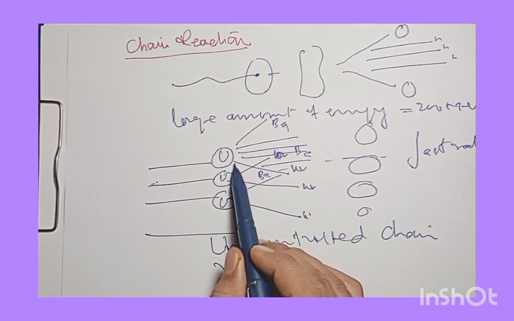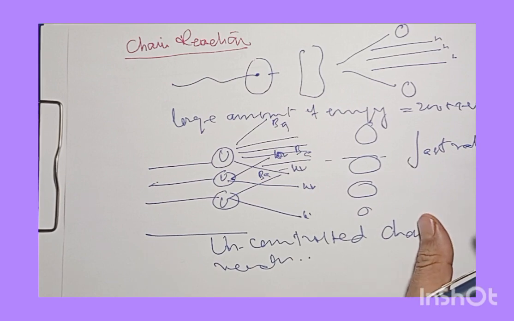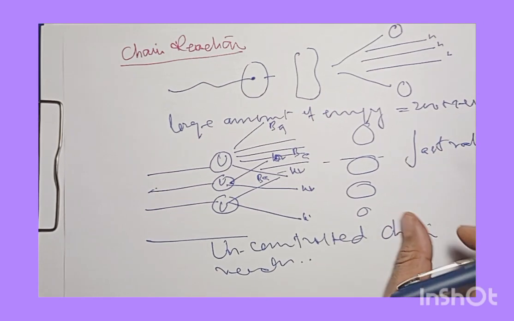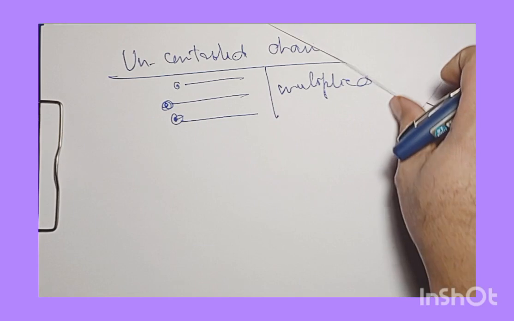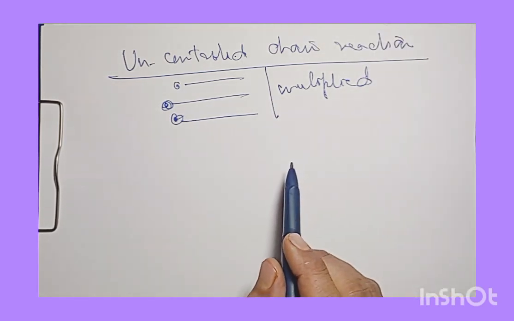You hit the uranium, you have neutrons. All the 3 neutrons will hit incoming uranium atoms. Then there will be an exponential rise in the number of neutrons hitting the nuclei that they are facing.